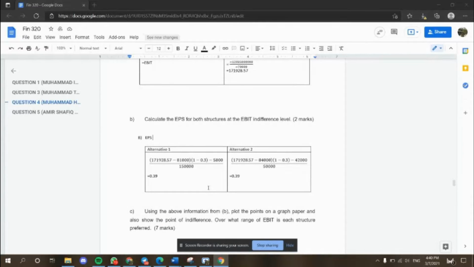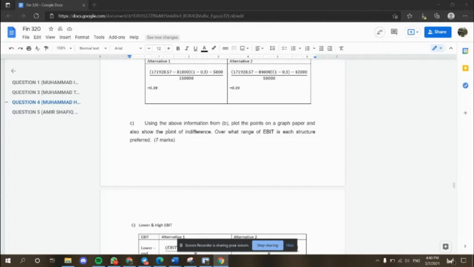We need to re-enter the EBIT value obtained into the EPS formula again to find out the EPS value for both alternatives, and we got the EPS value for both alternatives as 0.39 for both.